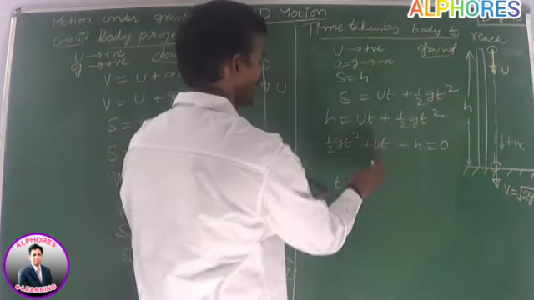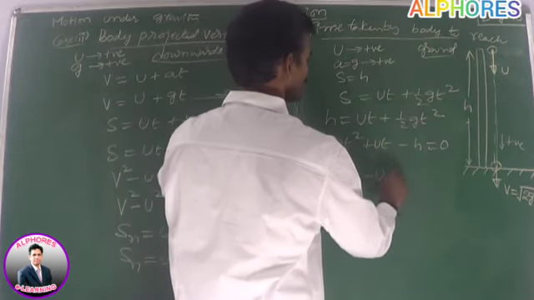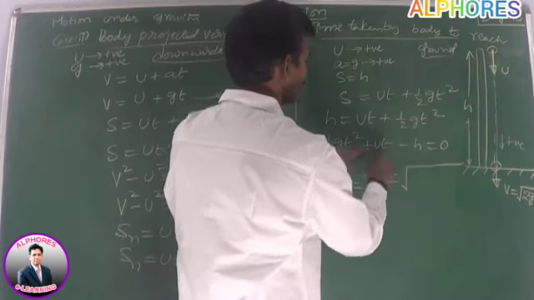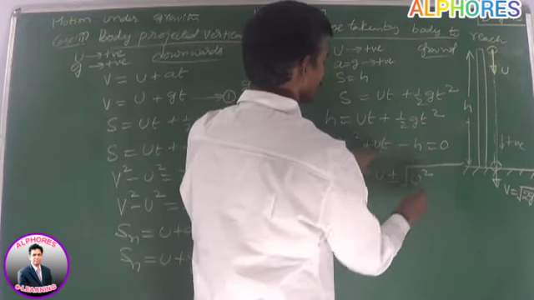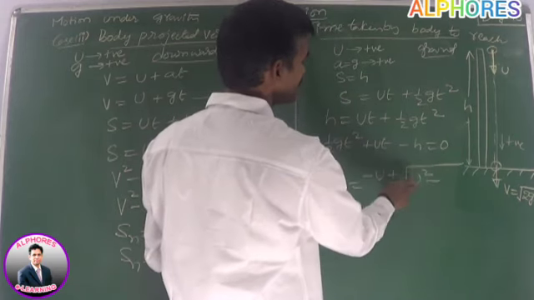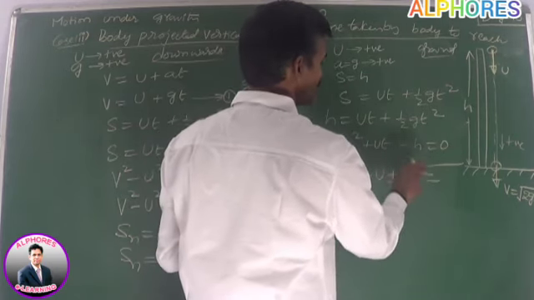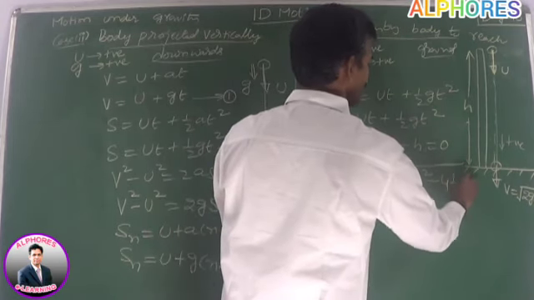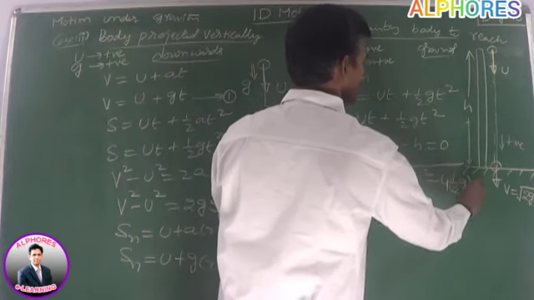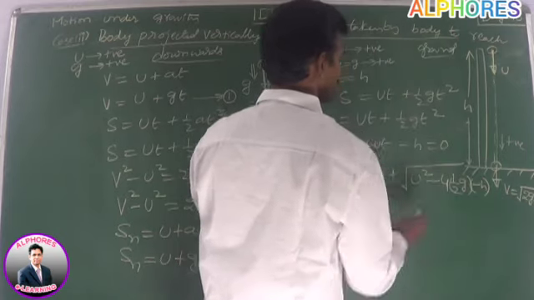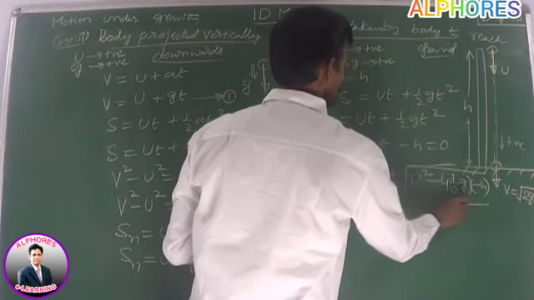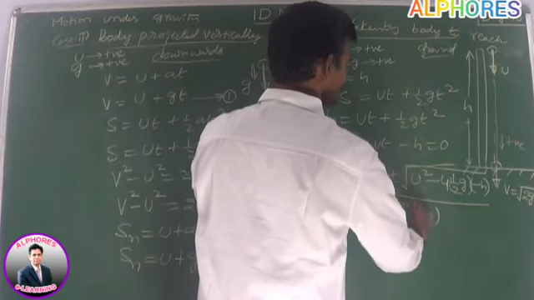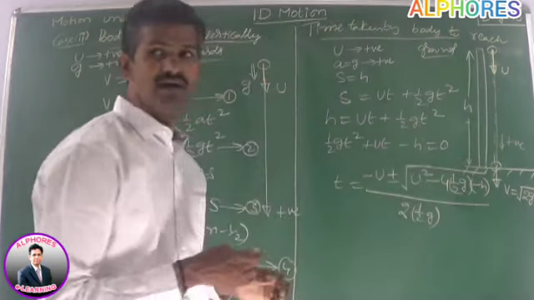So t is minus b, that is minus u, plus or minus root of b square, b is u, so u square, minus 4ac, a is half g, c is minus h, whole by 2a, 2 into half g. Friends, I am repeating once again.